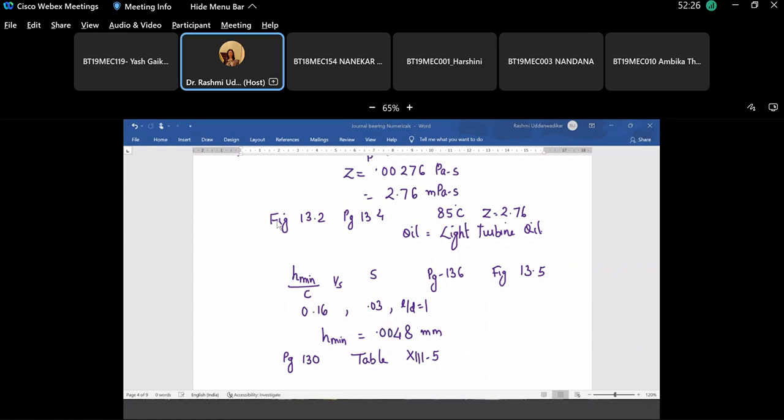Yeah, you are right. It is 0.0048. So what is the minimum value for H minimum as per this table?